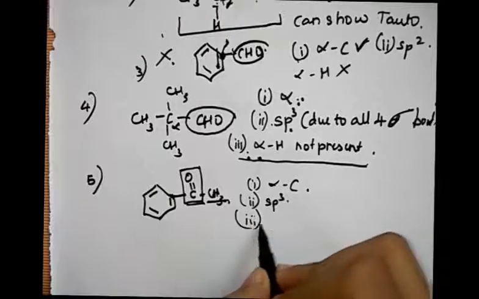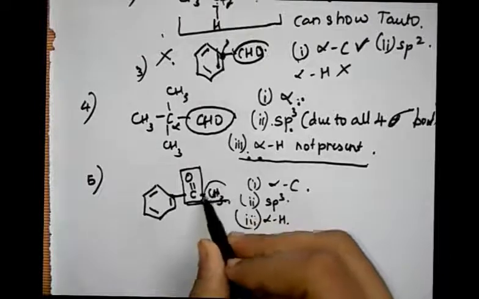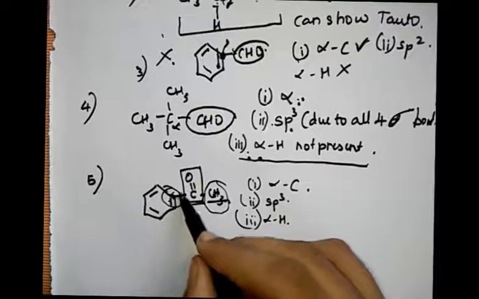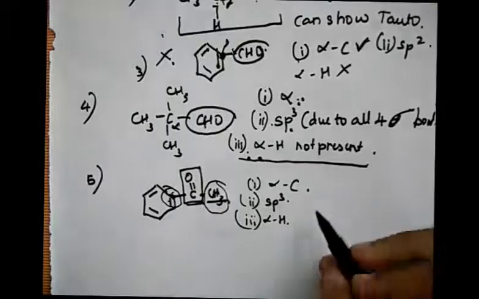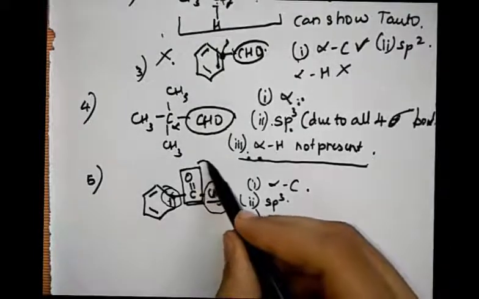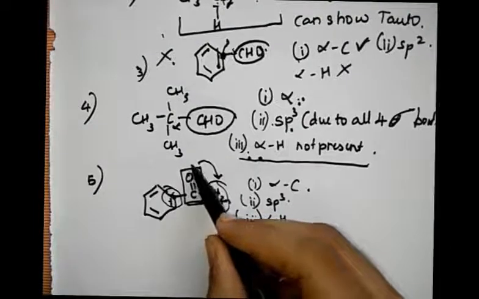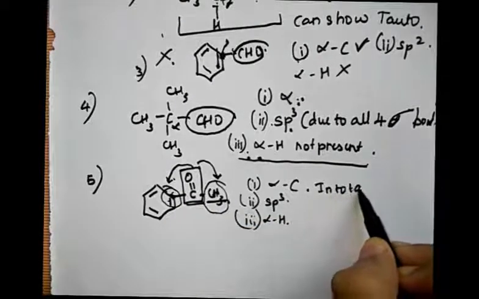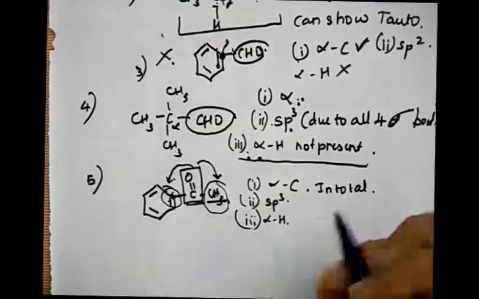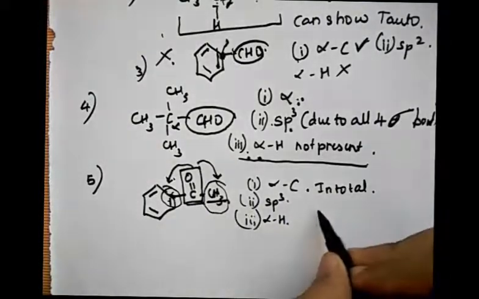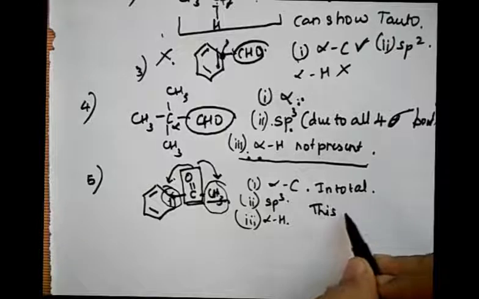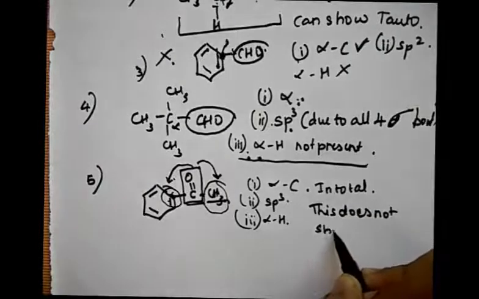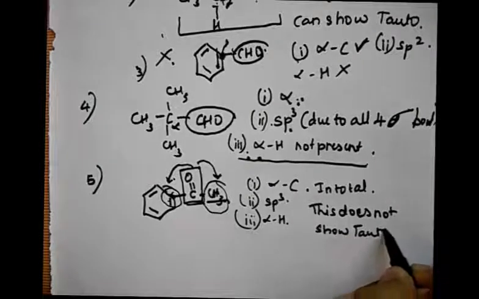Third condition of alpha hydrogen, there is an alpha hydrogen on this side, there is no alpha hydrogen on this side, as all the four bonds are satisfied. Now it will show this tautomerism on this side but not on this side. So in total, always you should check for both the conditions. So in total this does not show tautomerism.